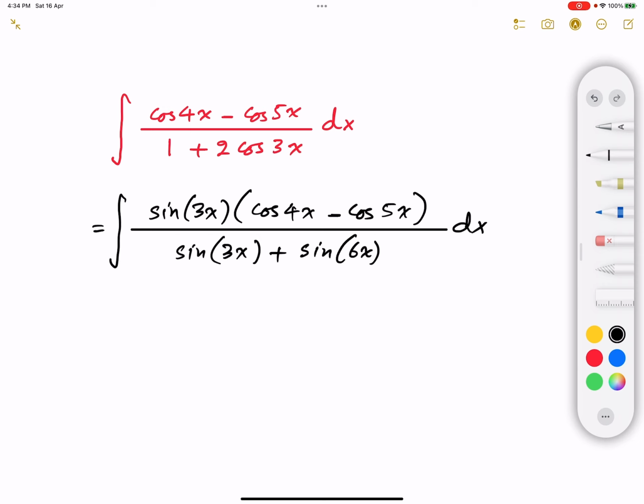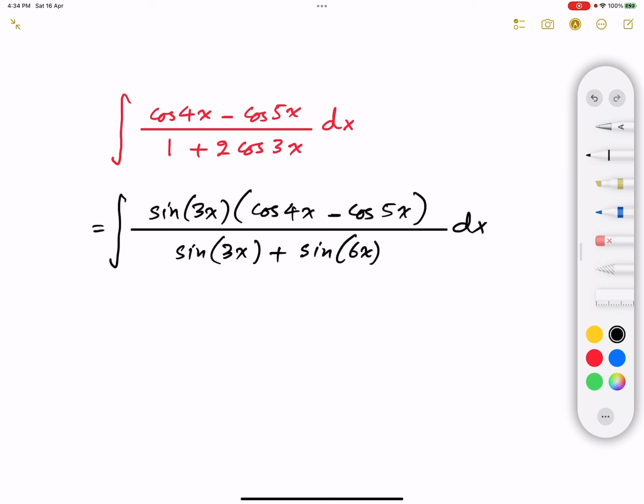Also, I will rewrite sine 3x in the numerator as twice sine times cosine of half the angles. And cosine 4x minus cosine 5x, a difference of two cosines, can be rewritten as a product of two sines, but again we need to remember to multiply by minus 2 and then take half the sum and half the difference of the two angles respectively. So that's what we're going to do here.